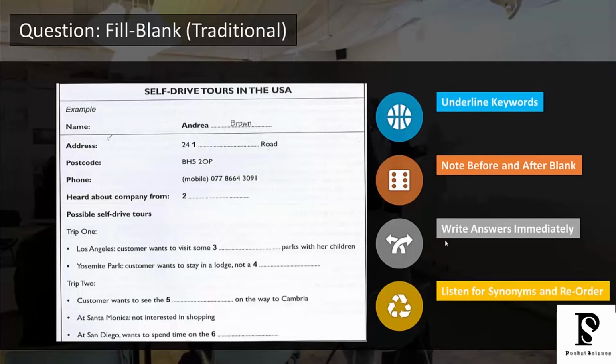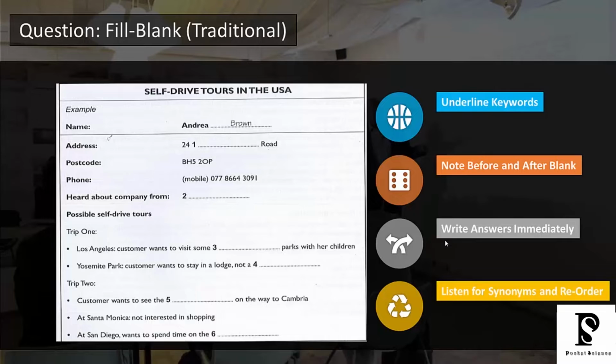You have to, of course, underline the keywords that are before the blank line or after the blank line. That's very important, because those keywords are going to point you to the answer choice.